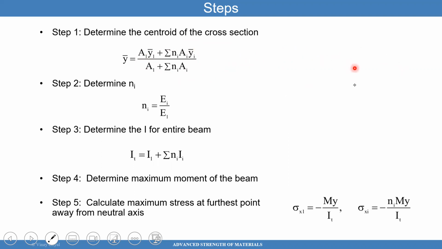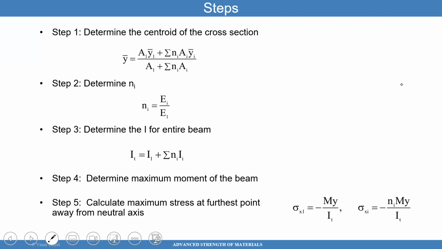If I have I materials, then I'm going to have to do this calculation where A is the area of the cross-section corresponding to material I. Y bar I is the centroid location of the cross-section of the material that corresponds to material I relative to the top surface of the full cross-section. And AI, again, is the area of the cross-section of material corresponding to I material.